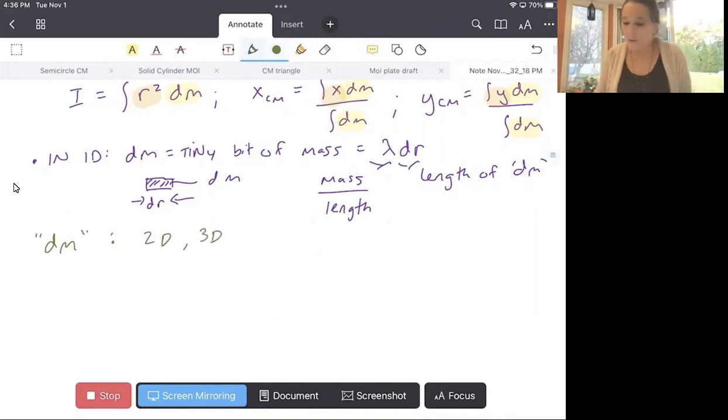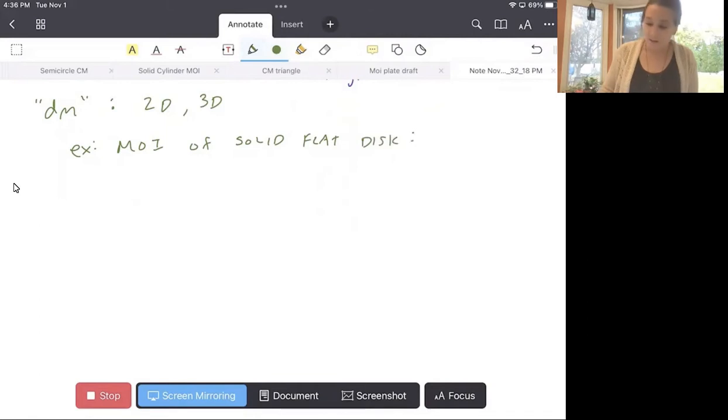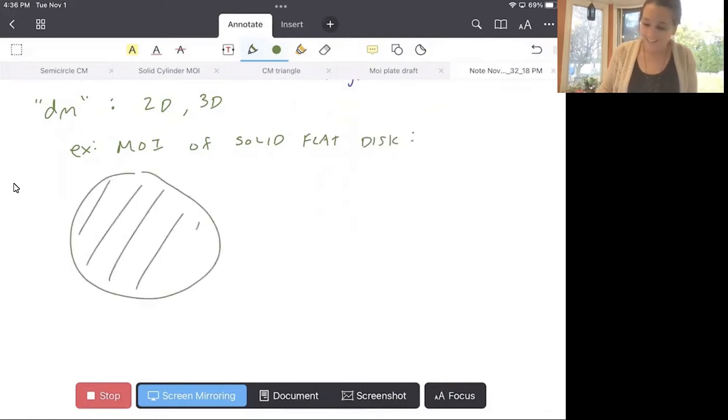So the best way to do this is to see a couple examples. One example would be the moment of inertia of some solid flat disk. And let's say it's uniform.